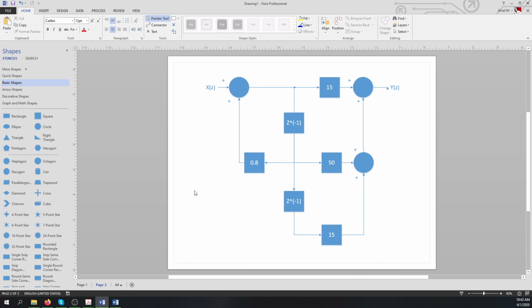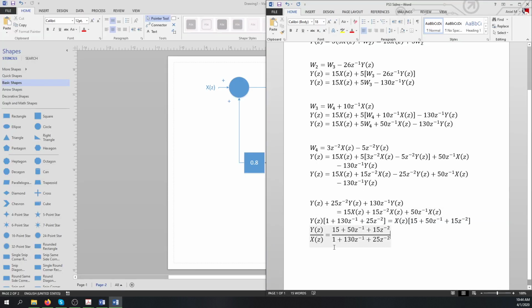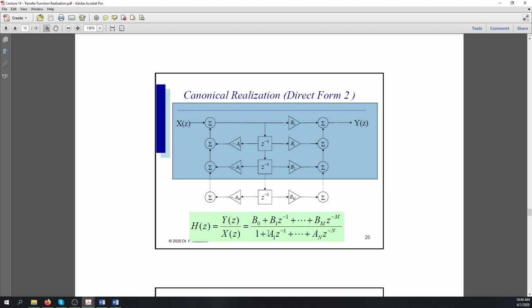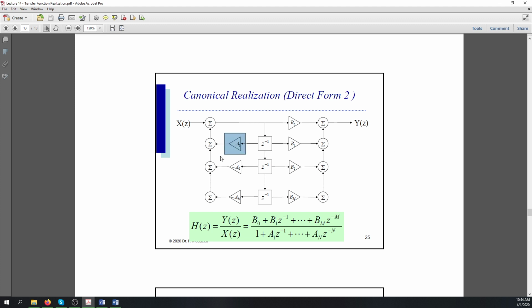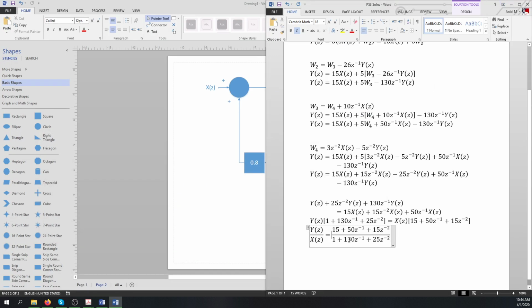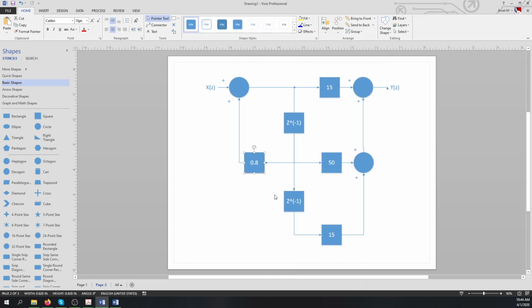And then for our denominator, we know that we had the 1 here. This needs to be 130 and the next one needs to be 25. But because these are positive here, so it's to be a positive 130 and positive 25, but they're going to be negative A1s from the lecture. So even though A1 here was positive, as we can see here from the lecture, A1 here on the diagram needs to be negative. Same thing for A2 as well, it needs to be negative. So we have positive 130 here for A1, but this here is going to be negative 130.